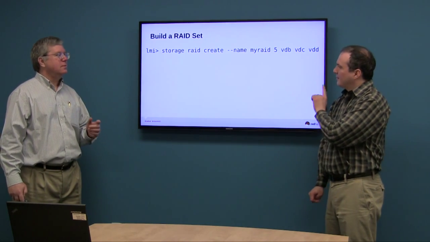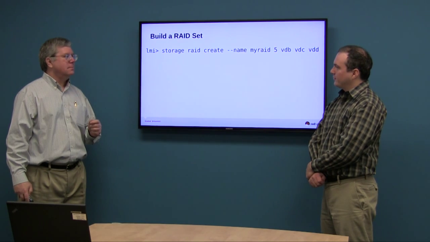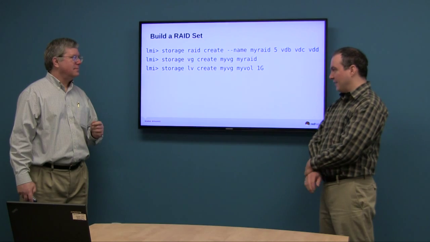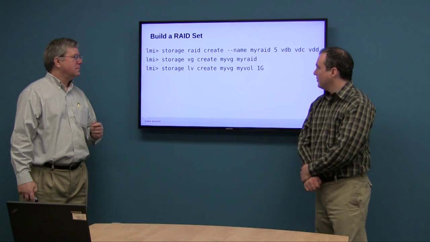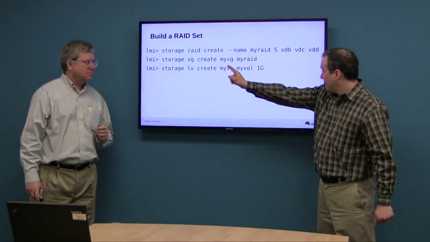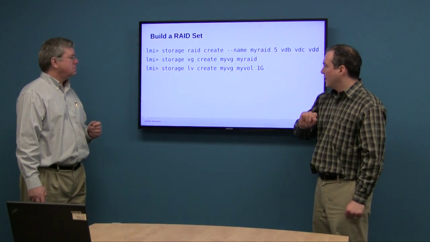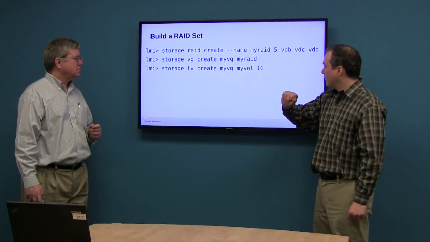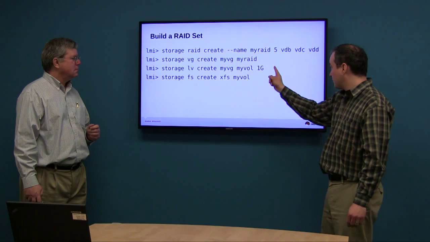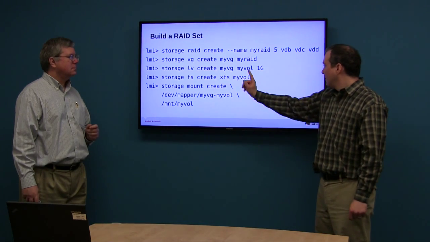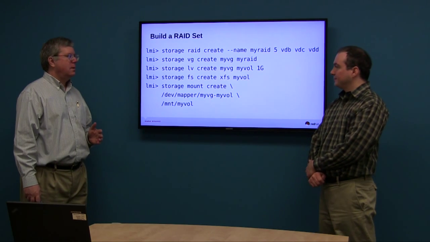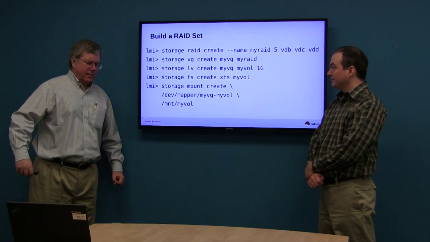Not quite. A RAID set isn't terribly useful until it's been formatted and mounted. So the next thing we're going to do is create an LVM volume group. Again, descending into the storage subcommand, the volume group subcommand, create it, give it a name, do the same for a logical volume of 1 gigabyte, put a file system on it, and then mount it. Right, I knew that.